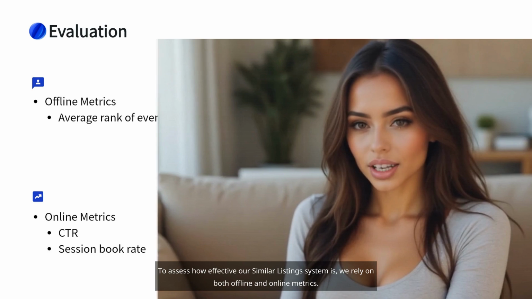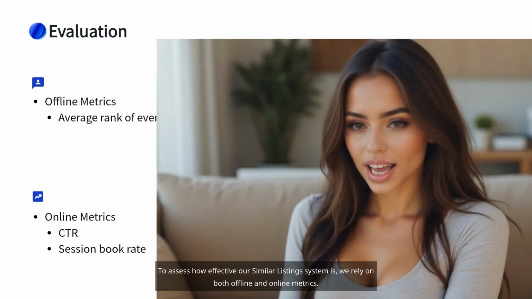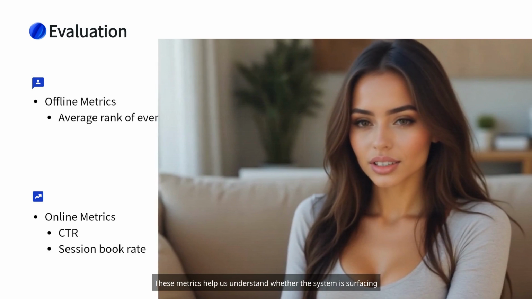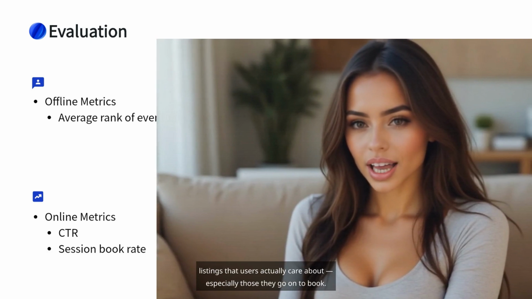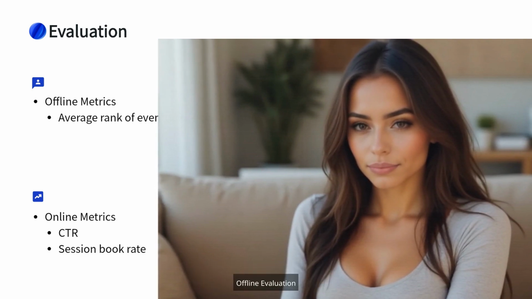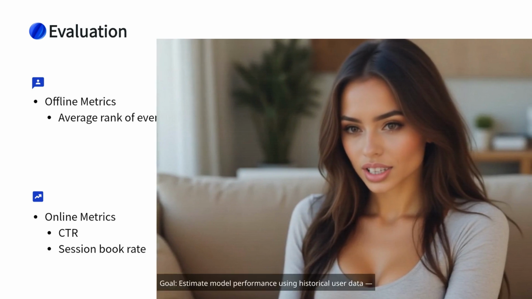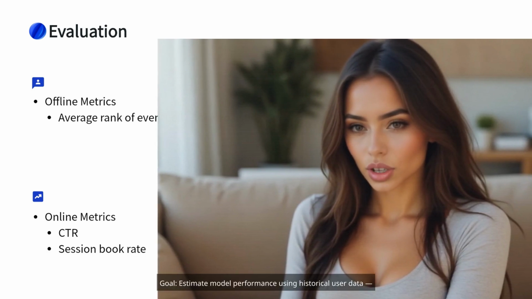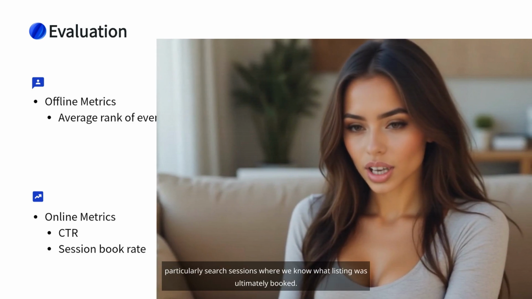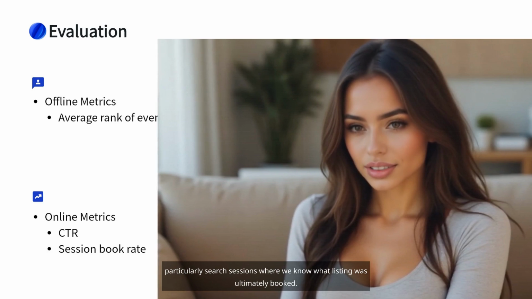To assess how effective our similar listing system is, we rely on both offline and online metrics. These metrics help us understand whether the system is surfacing listings that users actually care about, especially those they go on to book. Offline evaluation goal: estimate model performance using historical user data, particularly search sessions where we know what listing was ultimately booked.